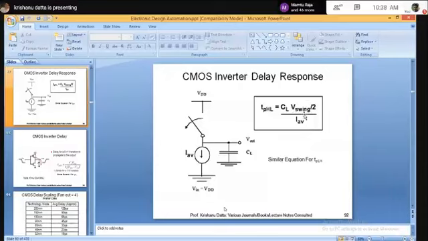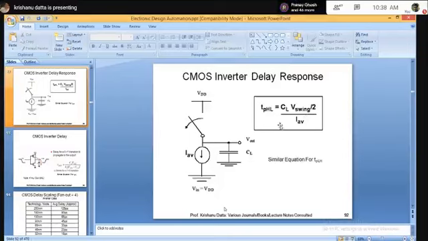The definition of V swing is the minimum voltage to maximum voltage. That difference is V swing. Now when it comes to a digital circuit, then minimum voltage is always 0 and maximum voltage is always VDD. So VDD minus 0 is always the total swing. How far output can go low to high. Okay, so both are same.